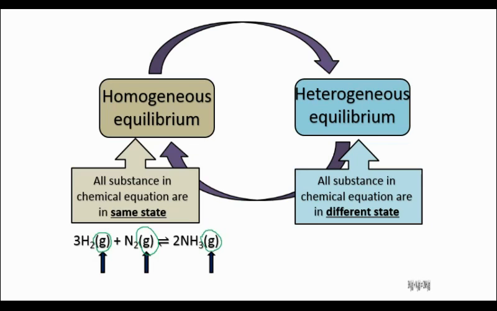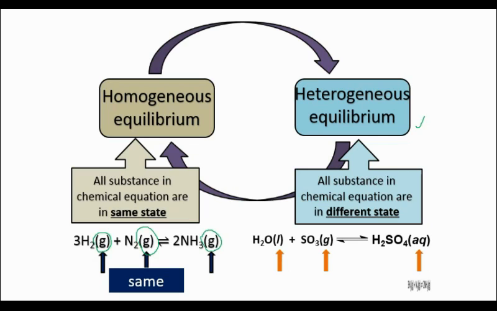If you look at the example, the hydrogen gas is in gaseous state, the nitrogen gas is in gaseous state also, and the ammonia gas is in gaseous state. If you look at the state of all the components in the chemical equation, they are all the same, which is the gaseous state.